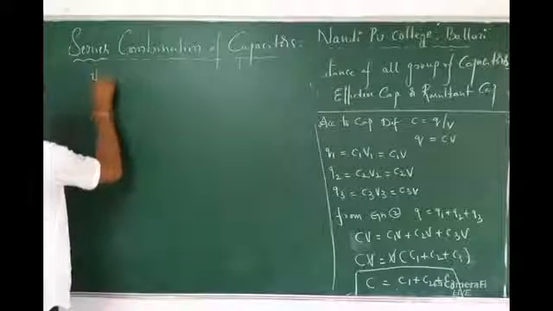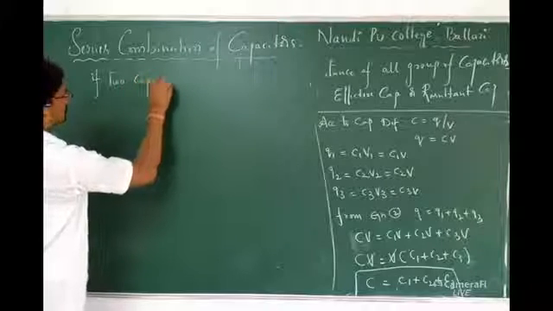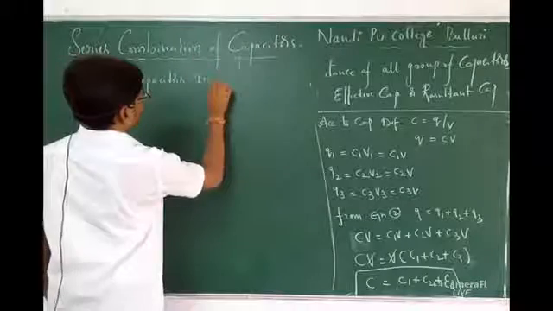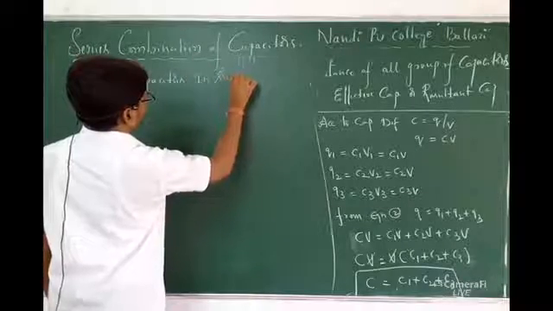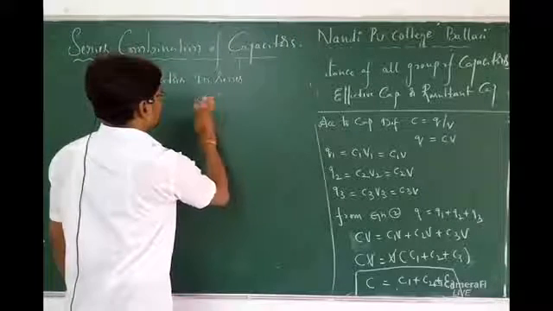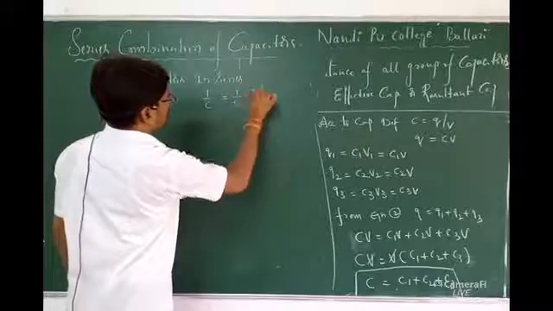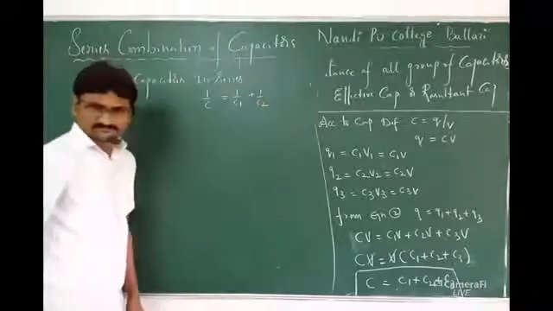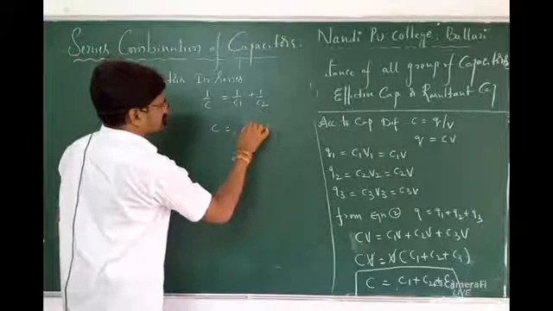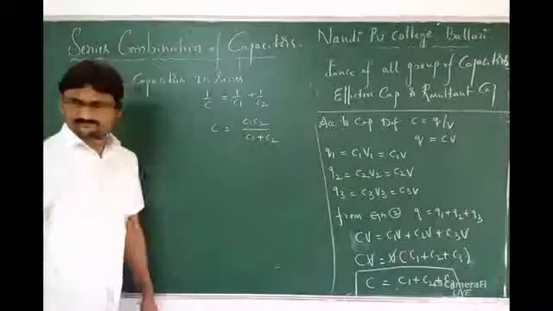If two capacitors are in series, what is the formula I said? 1 by C is equal to 1 by C1 plus 1 by C2. This simplified formula is C is equal to C1 C2 by C1 plus C2.